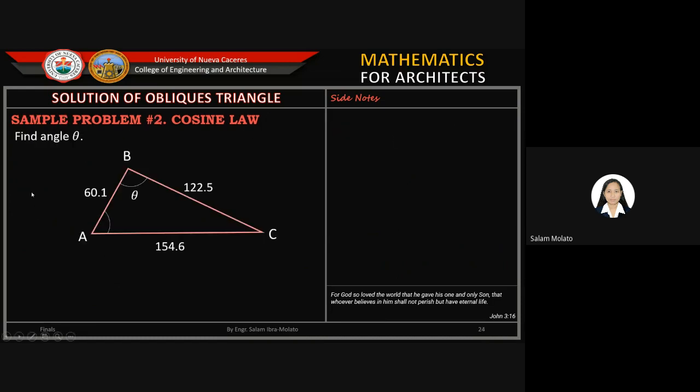So next, let's solve for problem number 2. We're asked to solve for theta, so using cosine law again.